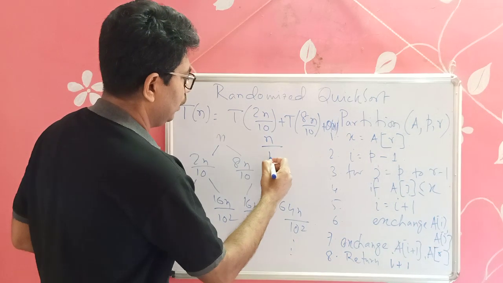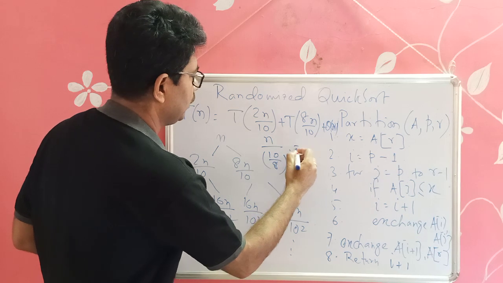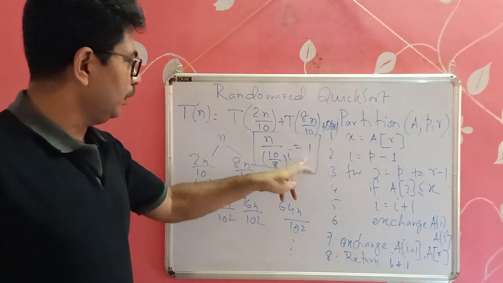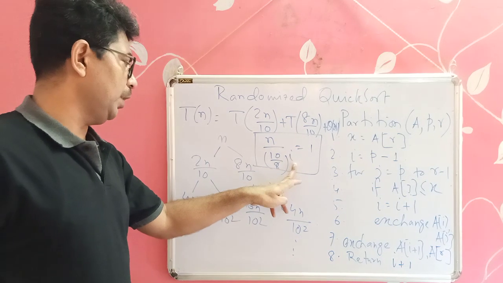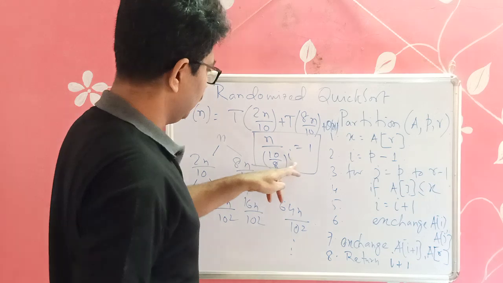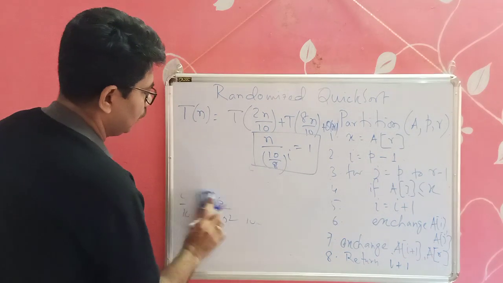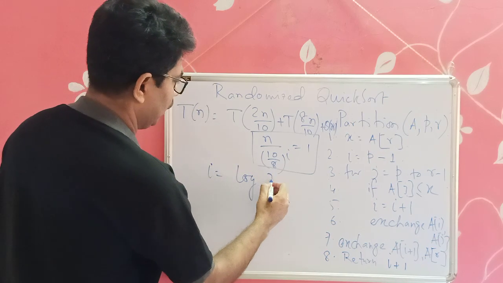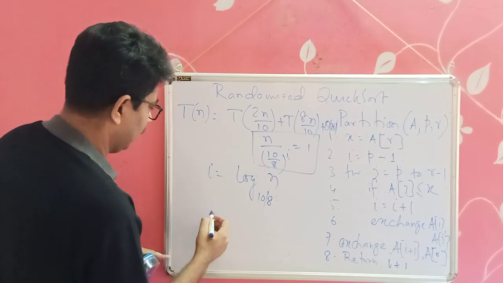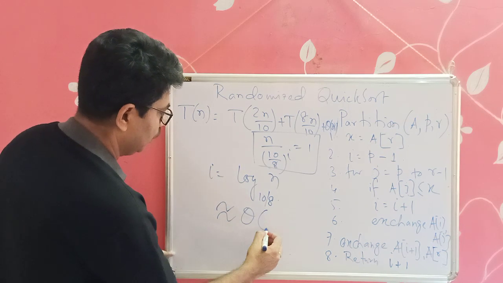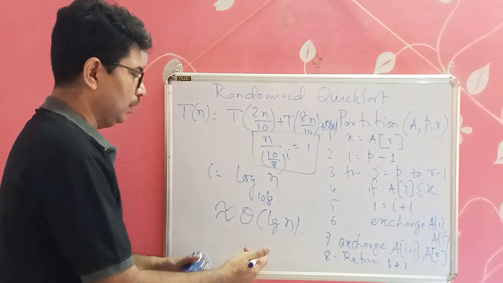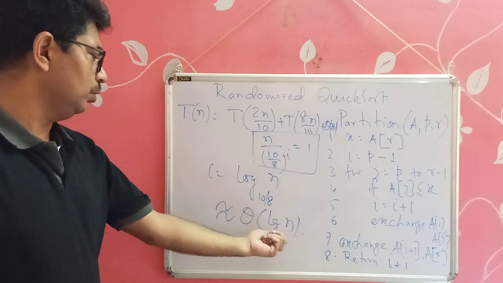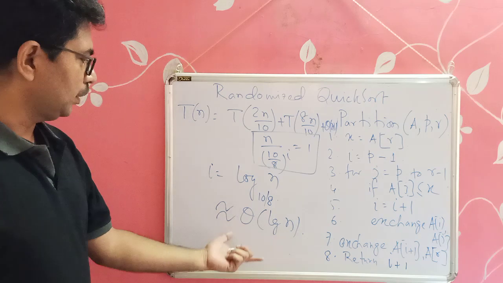So if we consider 8, then 8 squared, then 8 cubed and so on, n by (10/8) to the power i equals 1 will be the terminating condition. The solution is i equals log of n base 10/8. This is equivalent to theta of log n, because it is log 2 by log 10/8, which is a constant.